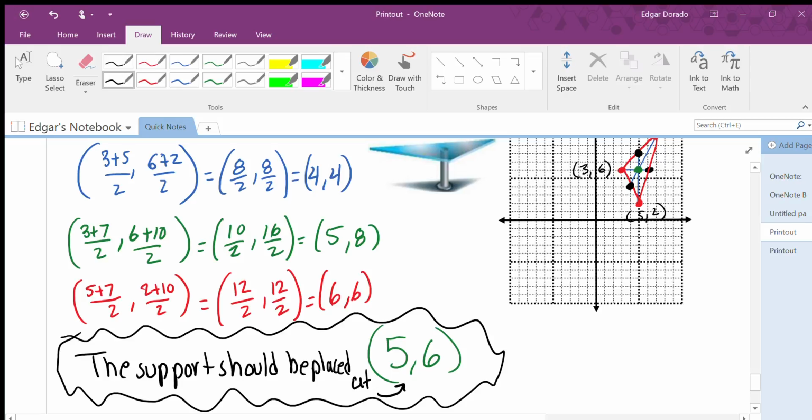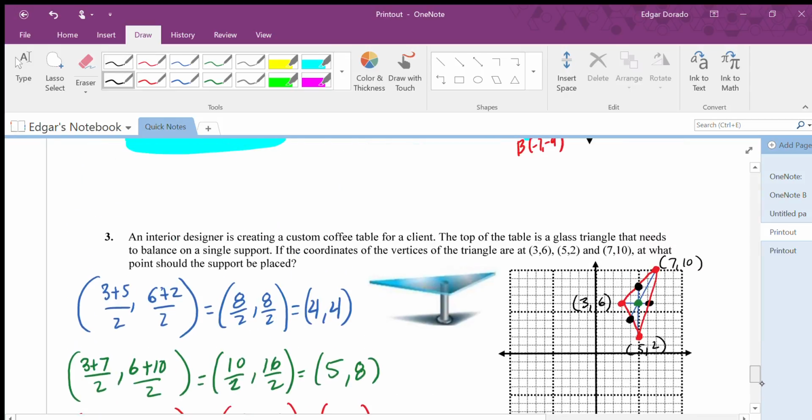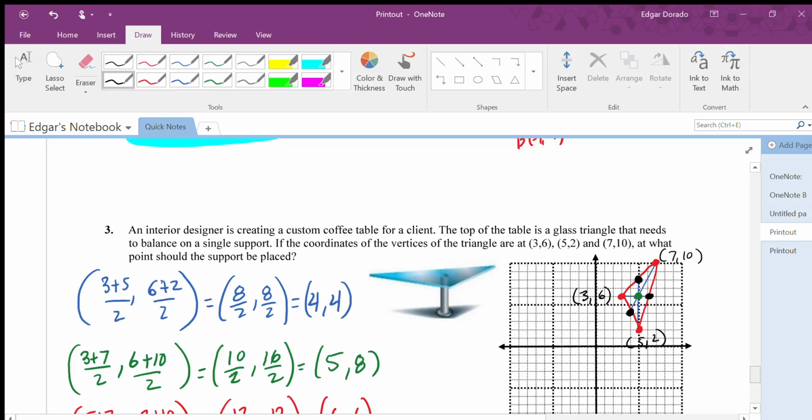So again, guys, nothing too crazy here. The only thing you definitely need to remember is how to calculate your midpoints. Once you have your midpoints, you plot them all down on your graph and create all your medians. Go from one vertex to the midpoint of the opposite side.